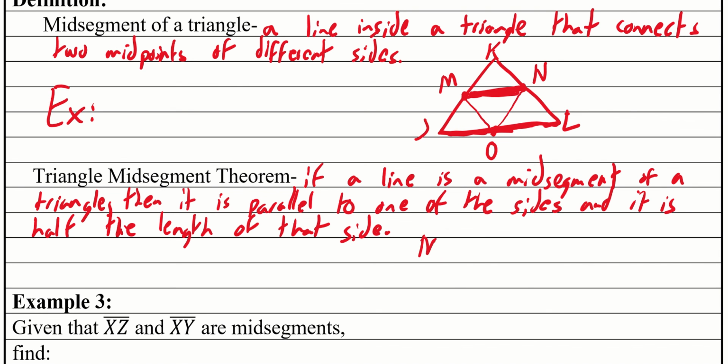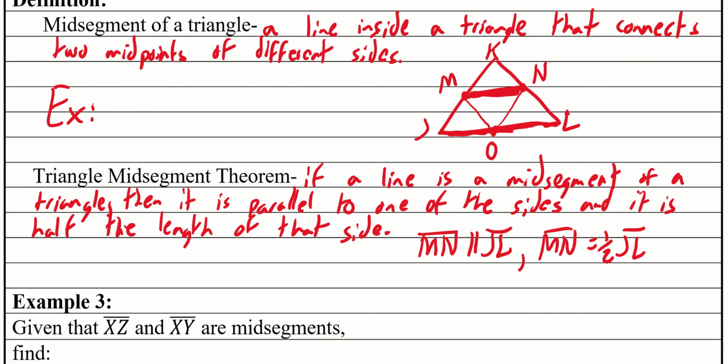So I would know MN is parallel to JL. And I also know it's half the length of that side, so MN is 1/2 of JL. These are two things that I know if I'm told that something is a midsegment. Very helpful, very important, and I can use that to solve for some different lengths.